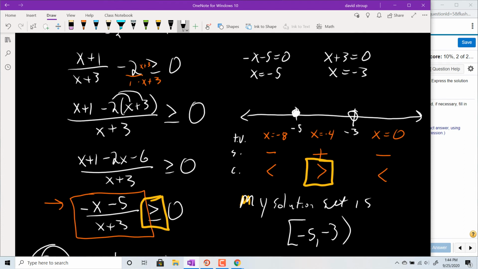And then for -3, for the denominator, you're always using an open dot. You never include it. So in this case, we had greater than or equal to, and that means use a closed dot.